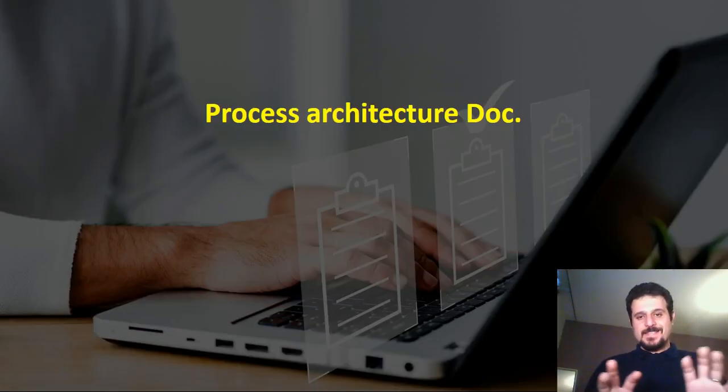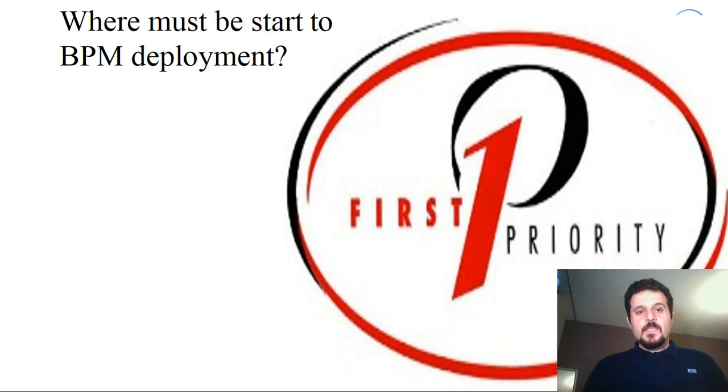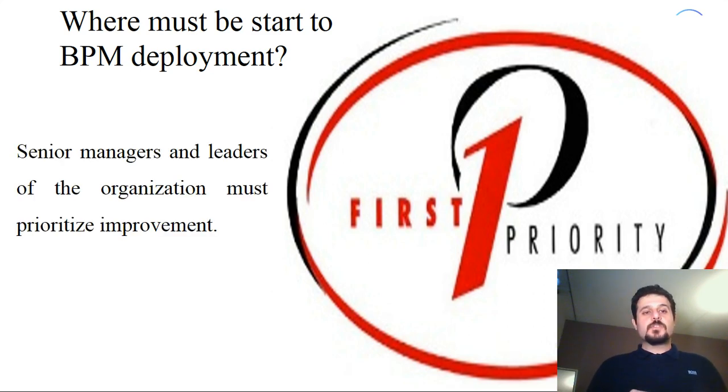So in this stage, the middle of the first step, you should create a document, the process architecture. Process architecture should be confirmed by the executive committee and approved by the steering committee. After that, you should determine which processes should be the first for process modeling.